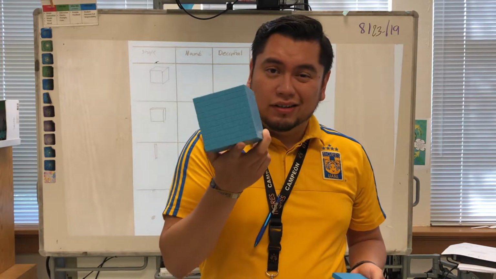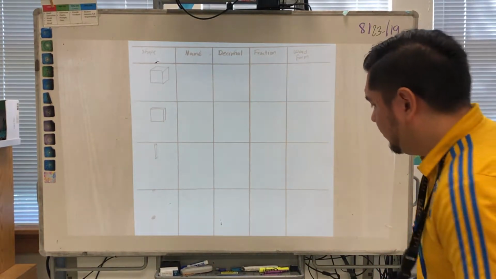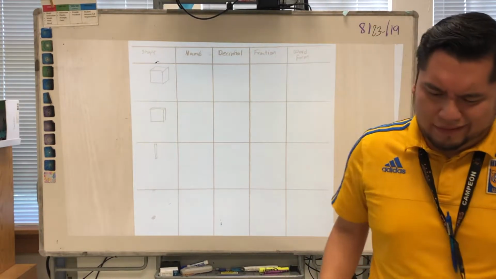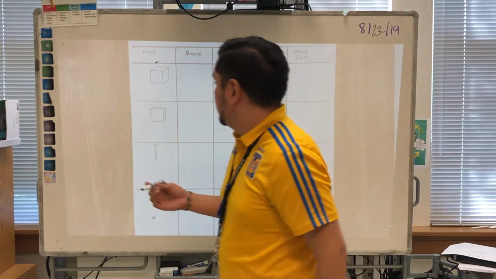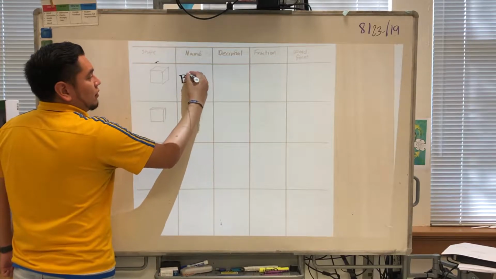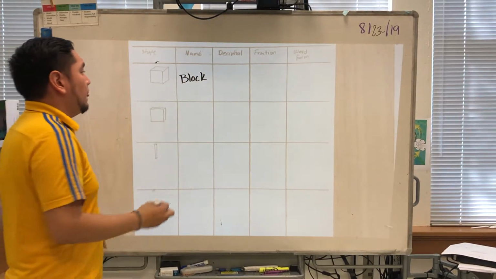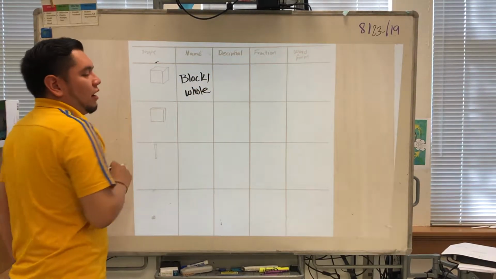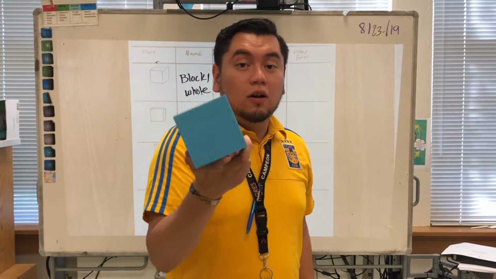Now, this big cube. Let's begin with this one. What do you want to call it? Let's call it just a block. Also, let's write here block. Or a whole. Yeah, let's call it a whole, because it's one whole block.